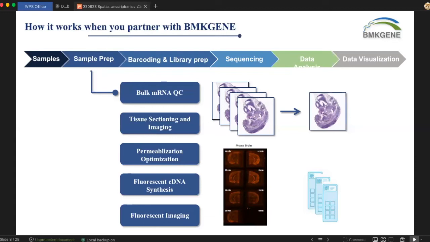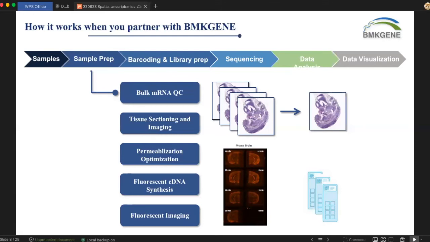Once we try different permeabilization times for different slices, the RNA molecules will release from the tissue and bind on the poly-dT probes, and they will have a fluorescent signal bound on top as well. Then we check whether the intensity of the fluorescent signal is good enough for us to say that this is the best permeabilization time for the specific tissue.